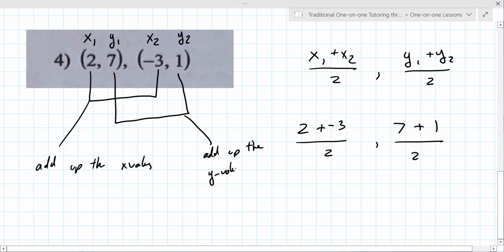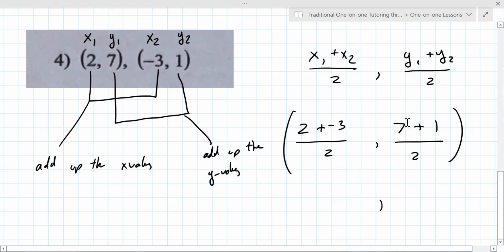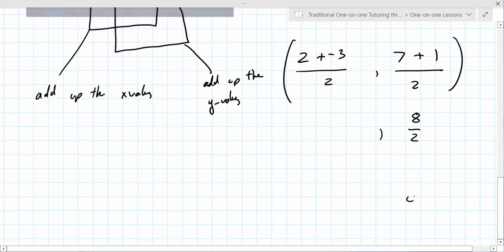Okay. So can you help me reduce this on the right here? Start from that side, you can do that. The order doesn't matter. It'd be 8/2, and then it'd be 4. It's 4, good.